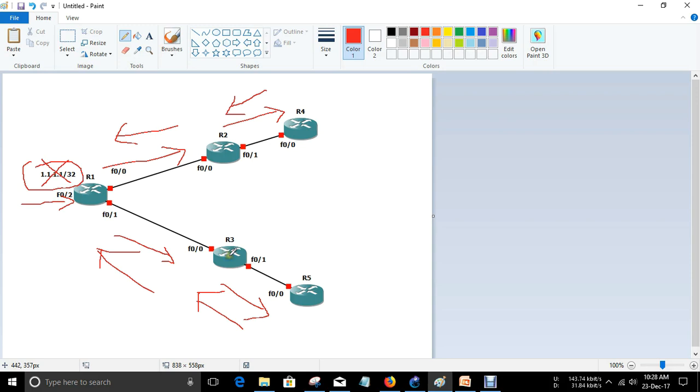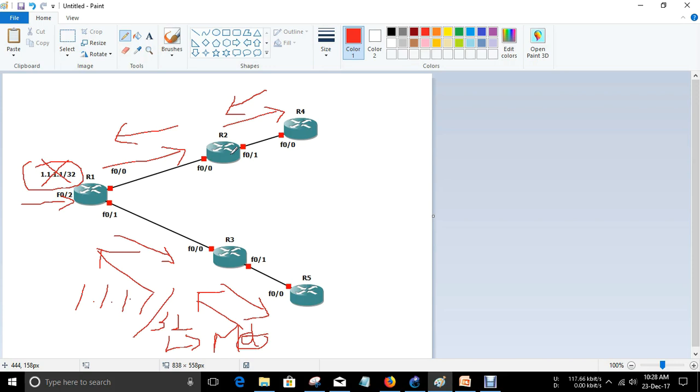Let's consider R3 knows the information to reach it, and it gives to R1 the information you requested, with a metric value. R1 will update it in its topology table. Next is R2.